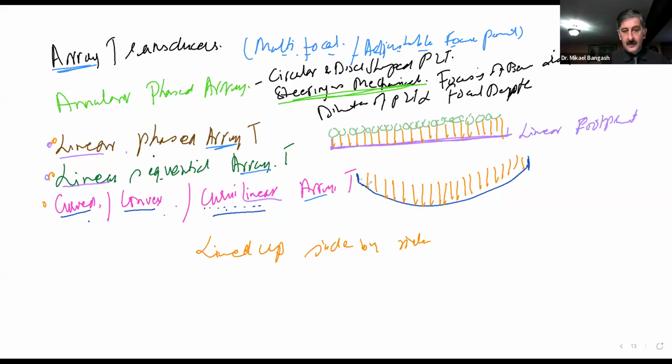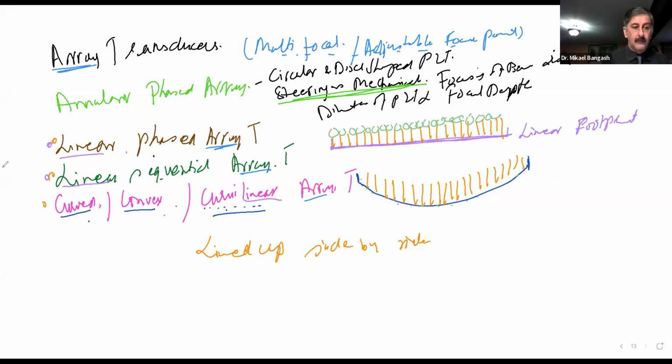Clear? Anybody can be standing shoulder to shoulder along a straight line. Likewise, anybody can be standing shoulder to shoulder and still be making a curve like this.